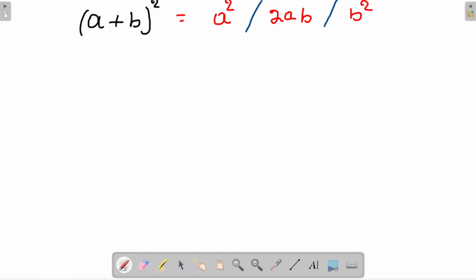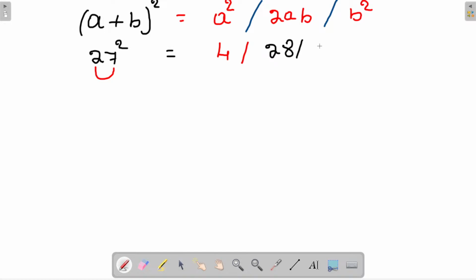Now let's solve. I want the answer for 27 square. Now a is 2, b is 7. First a square, 2 square is 4. Then 2 into a into b: a into b first, 2 sevens are 14, 14 into 2, 28.